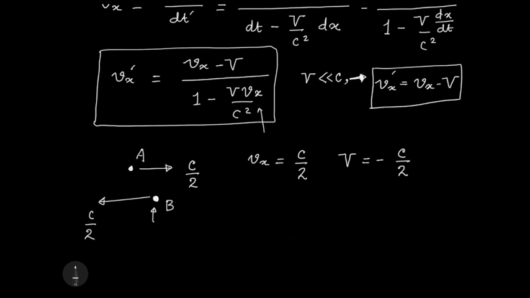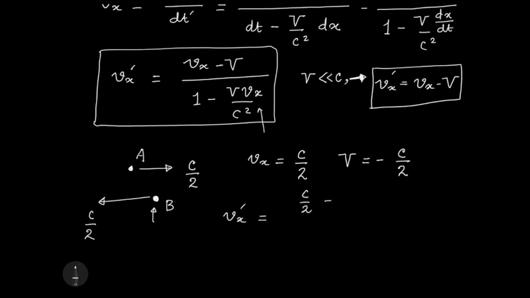Let's see what happened here. So it's not fun if I use c by 2. Okay, let's try with c by 2. You can try with c, where you can add up the velocities to 2c, which we have already seen is not possible. So what will be Vx prime, which is what we are up to?